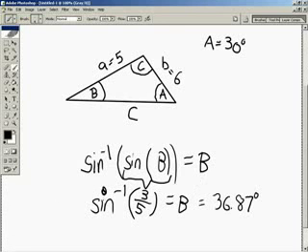So we know sine of B is 3/5. Plug that into the arcsine command to isolate B, and you're left with 36.87. So to reiterate, the two important things that you should remember from this are as follows.